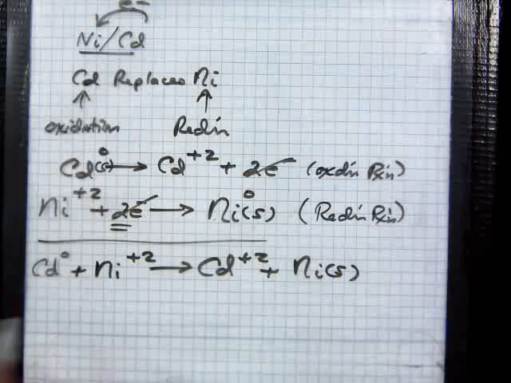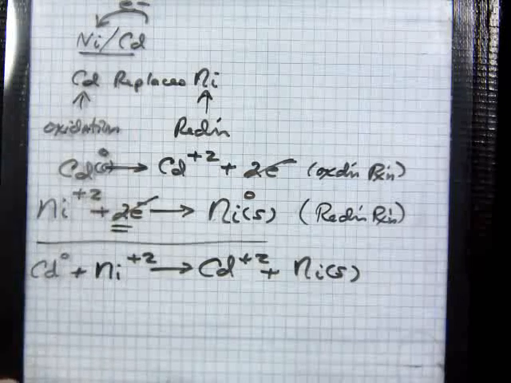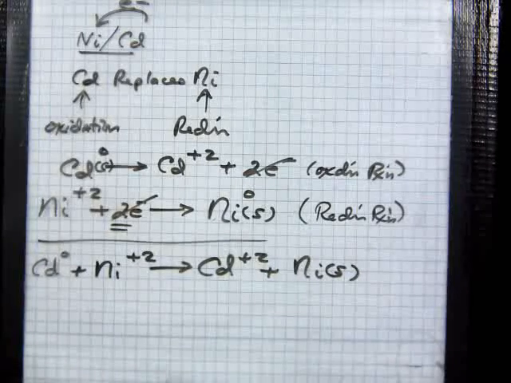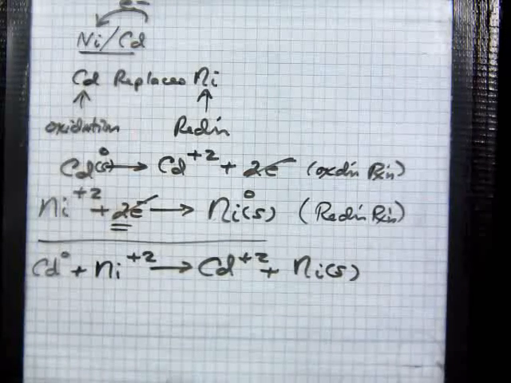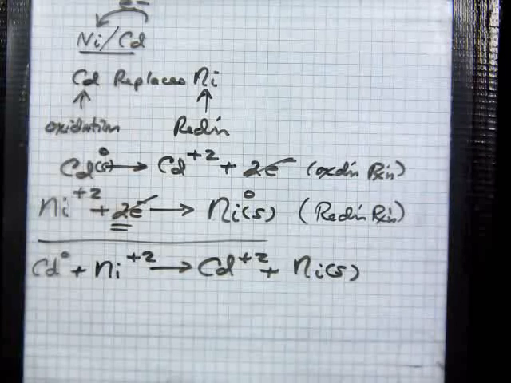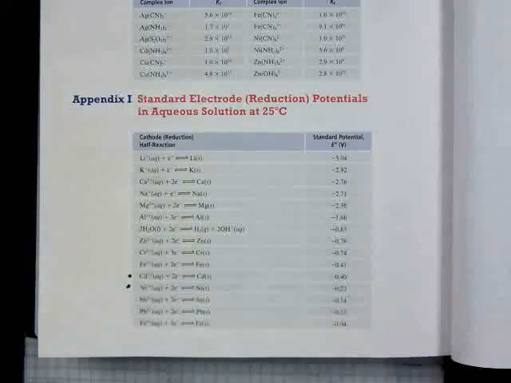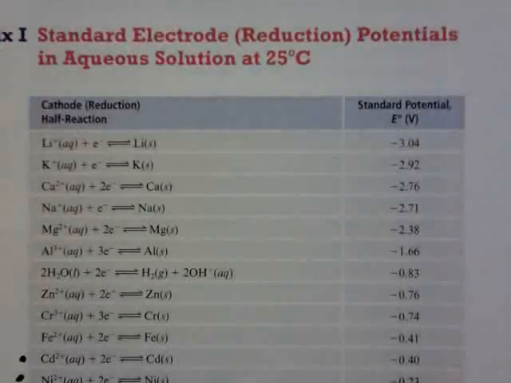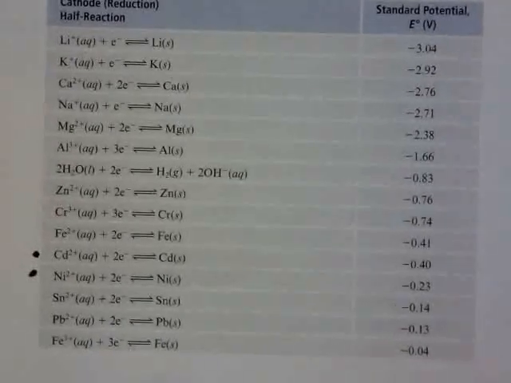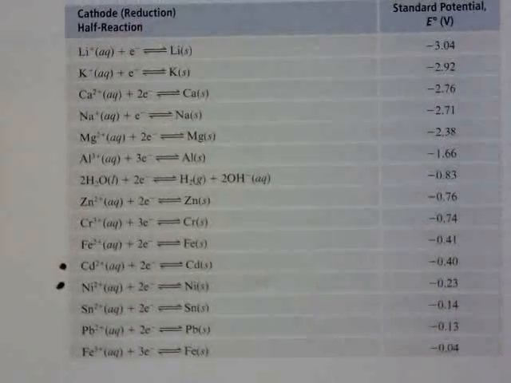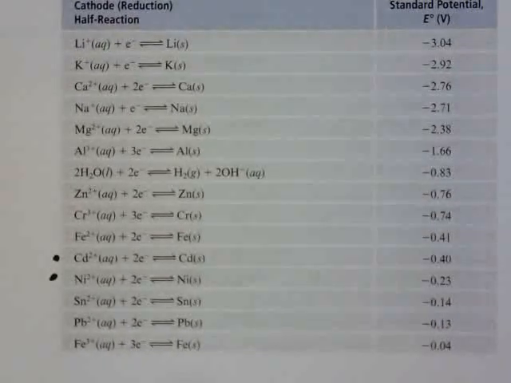Now, if we did that same problem using the reduction potential table, back to that for a second. See, we got cadmium and nickel. Okay, so if you're looking in the reduction potential table, it shows cadmium above nickel, right there.